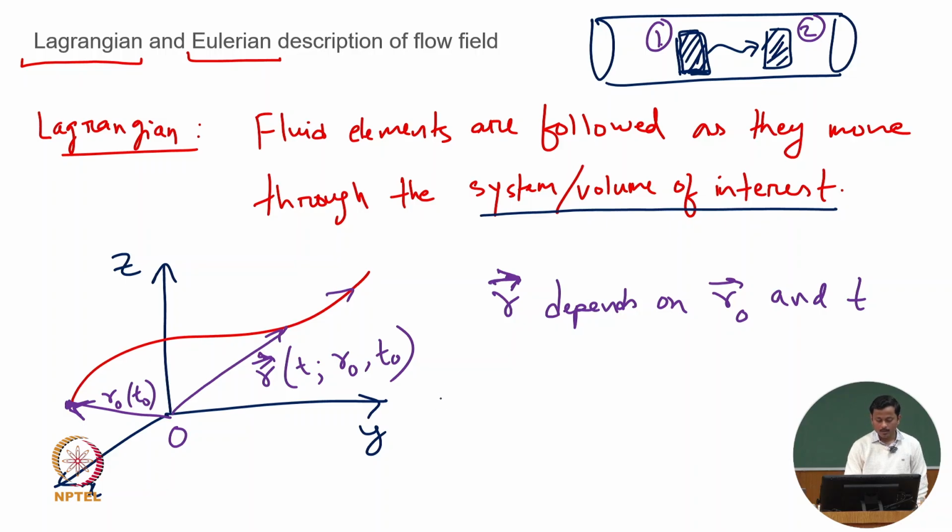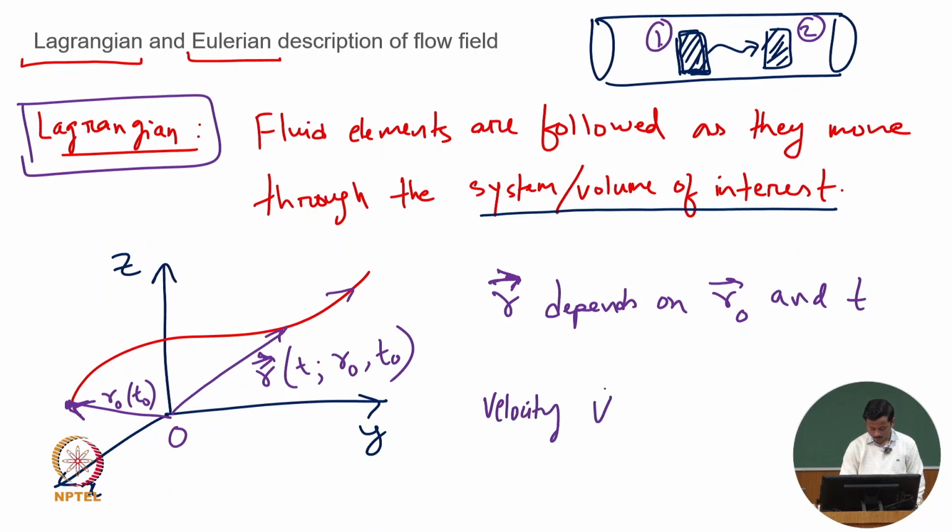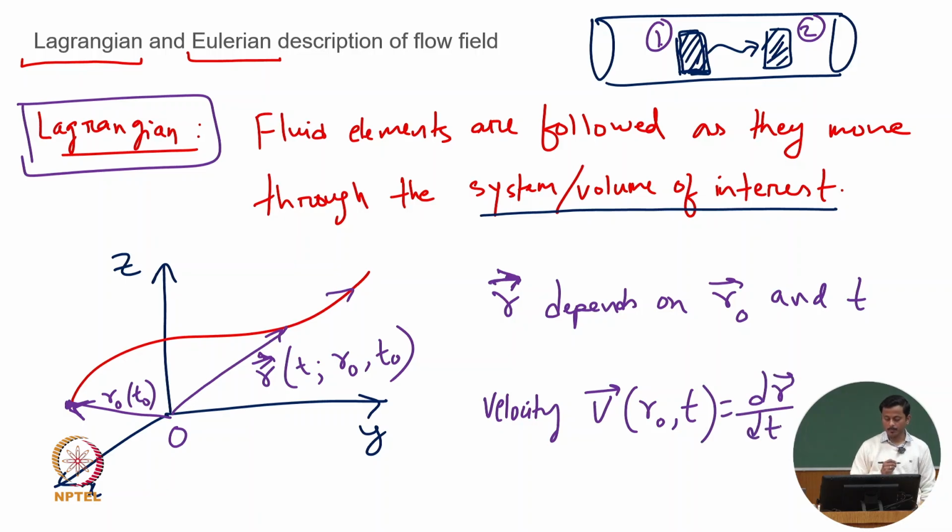So in this Lagrangian description of the flow field, velocity v can be represented as the rate of change of the position vector r, and this is dependent on the velocity.